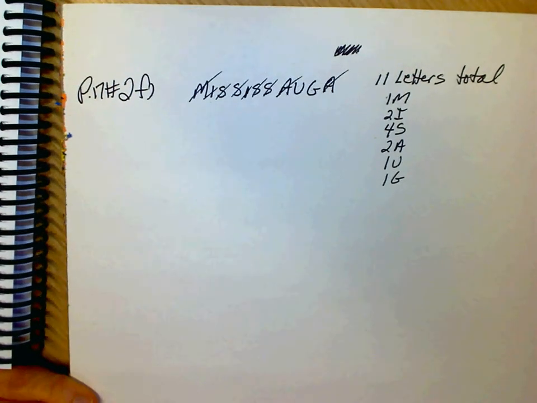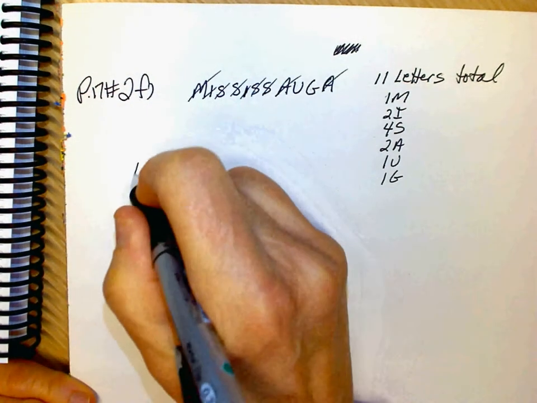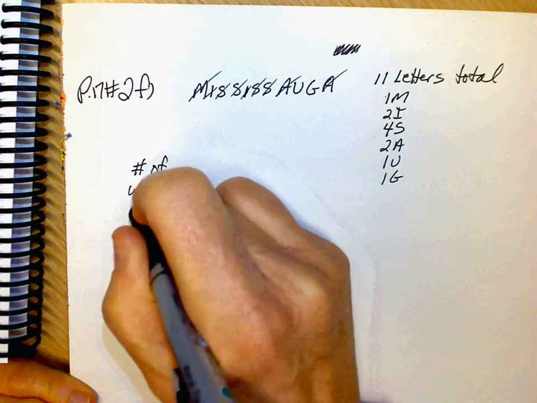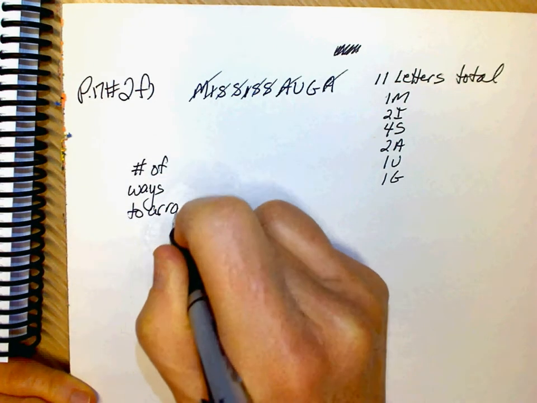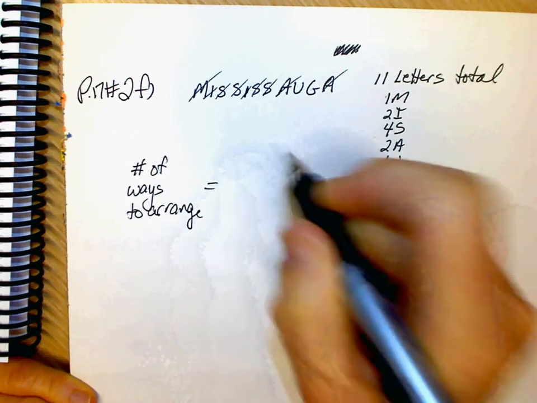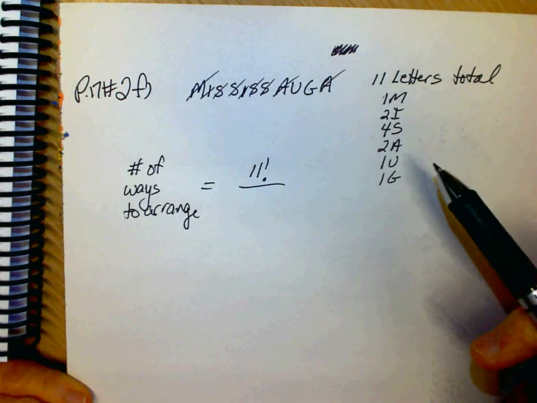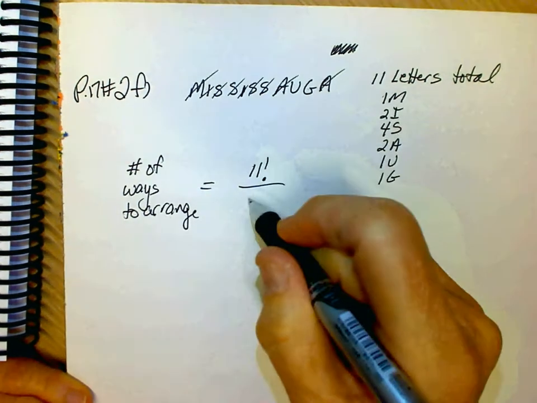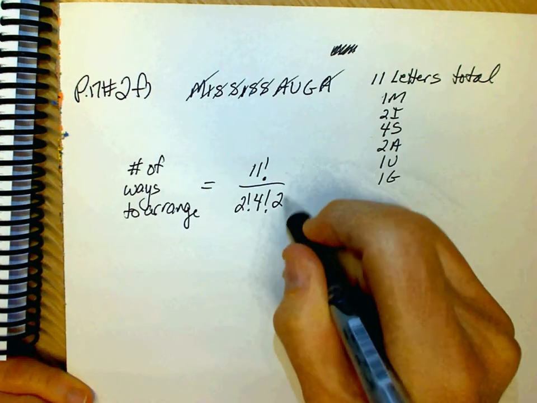So the number of ways to arrange them is equal to 11 factorial, and now we have to divide by what's the same. So we have 2 I's, 4 S's, and 2 A's.